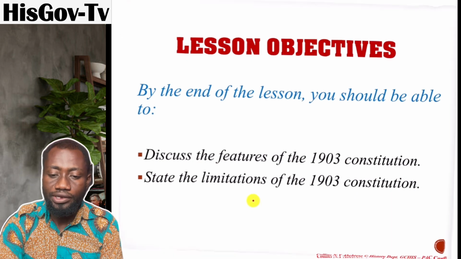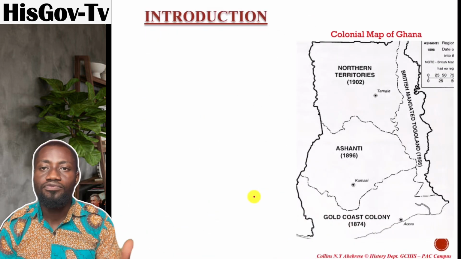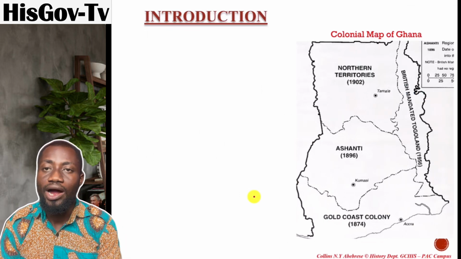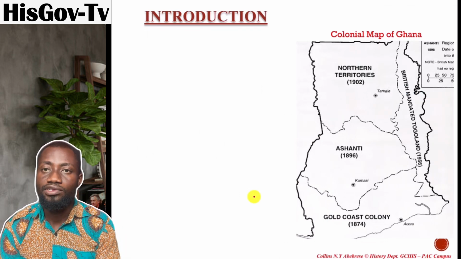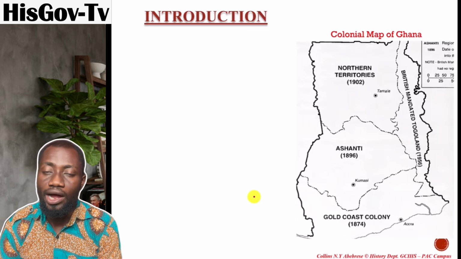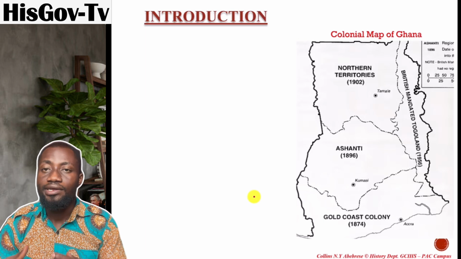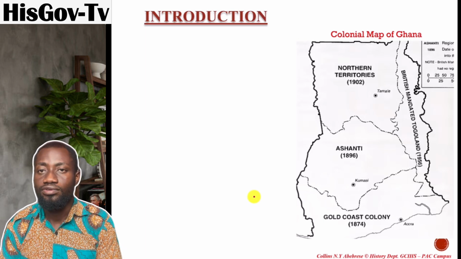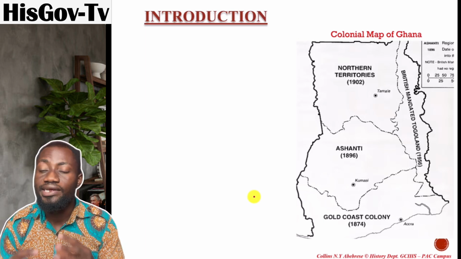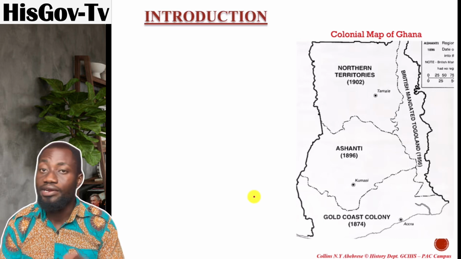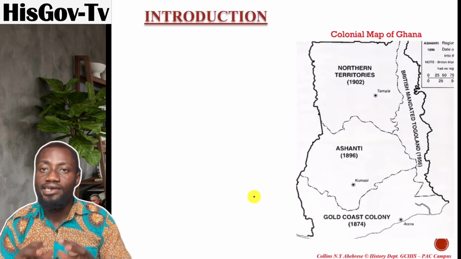Now, before we start with the introduction, today in Ghana, you are aware that we are using the 1992 Constitution. It is the 1992 Constitution because it was drafted in 1992, after the Third Republic, and that is why we call it the 1992 Constitution.